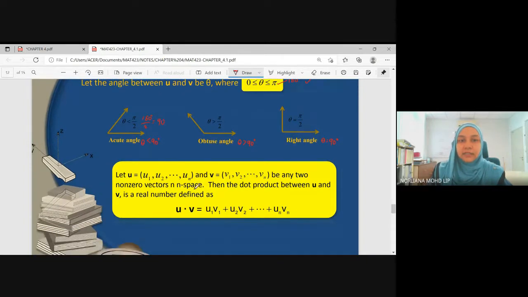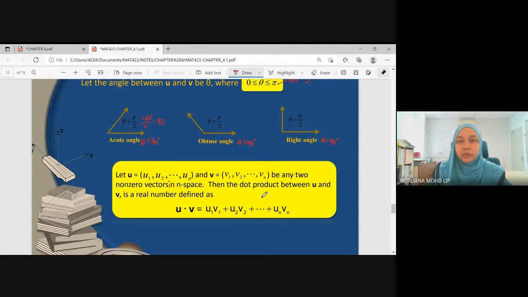Okay, and then, what is the dot product? Let u be a vector in n space, u1, u2, until un, and v also a vector in n space, v1, v2 until vn, be any two non-zero vectors in n space.